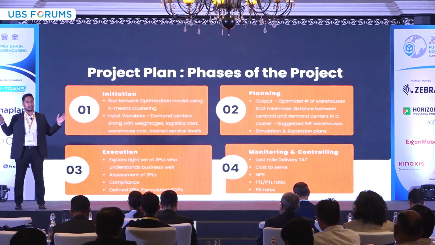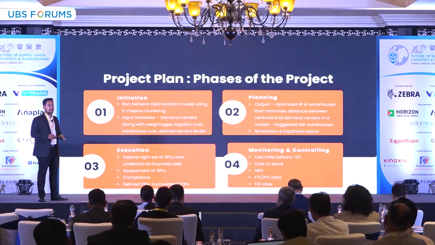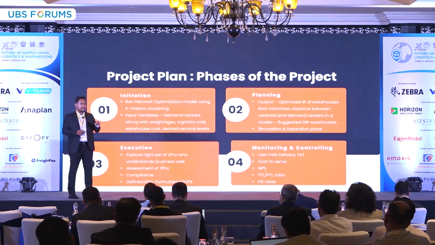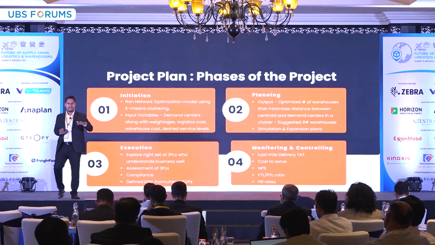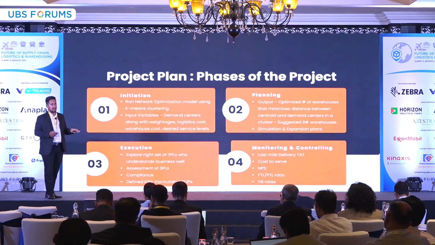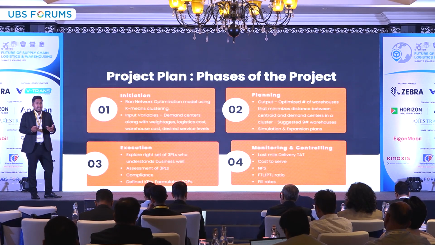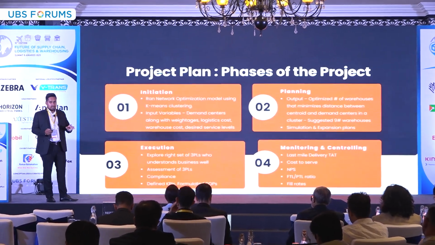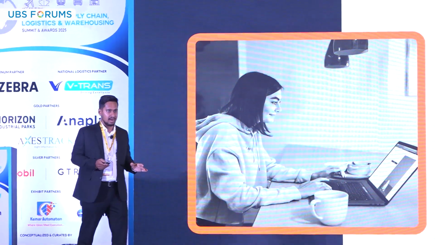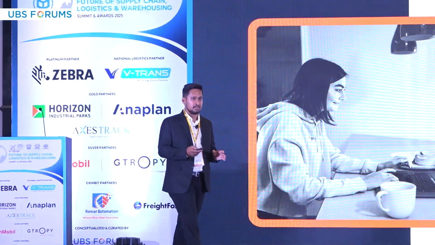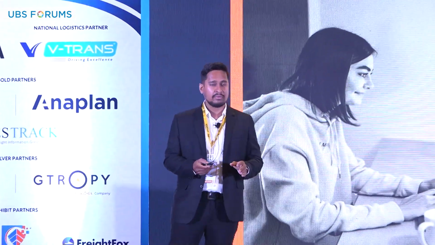You have to distribute the complete inventory across 9 warehouses in a manner wherein every location has the right amount of inventory at the right point in time, so that when the customer orders, you will get those products with at least a 98% fill rate. For that to happen, we again went through AI model forecasting, wherein we did the complete distribution network planning. And through AI modeling, we were able to achieve at least a 98% fill rate because we were able to do that distribution planning in the manner which we wanted.